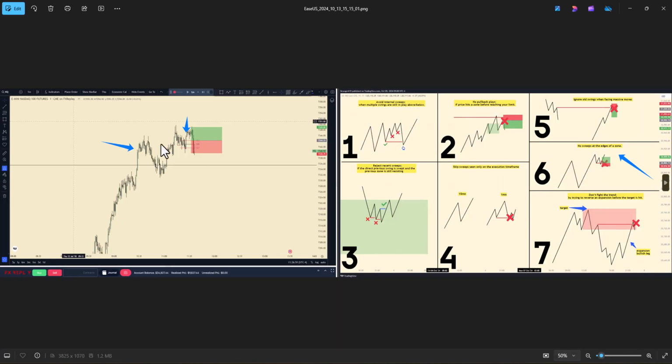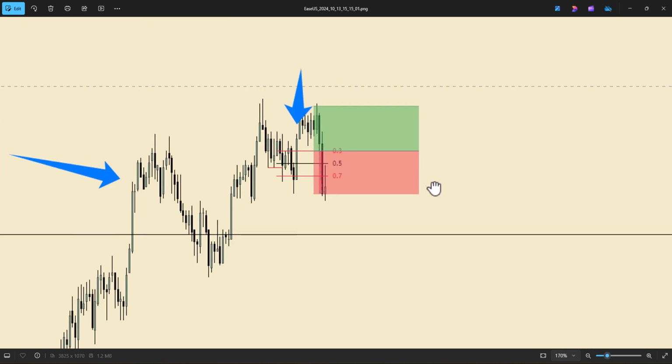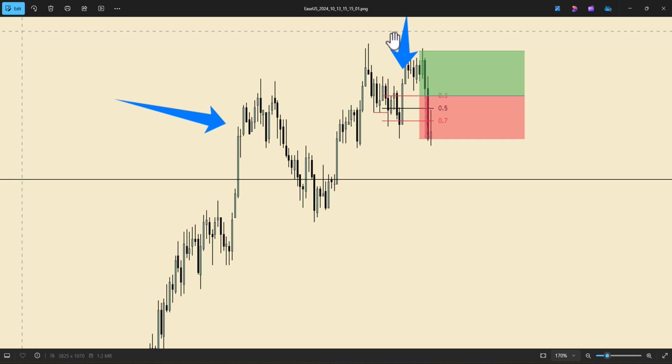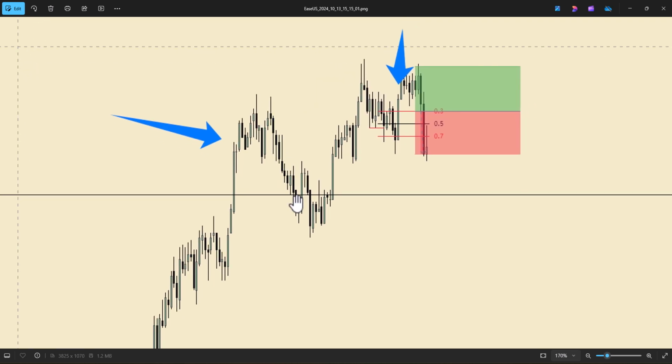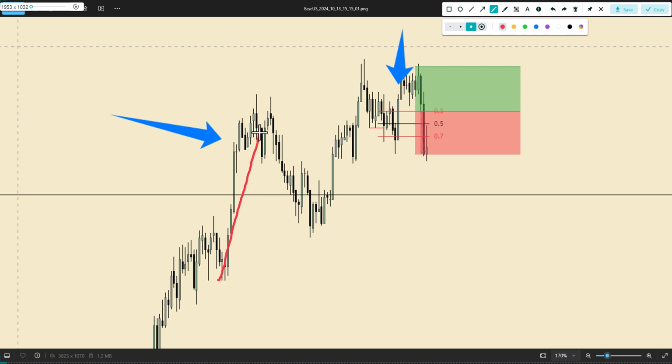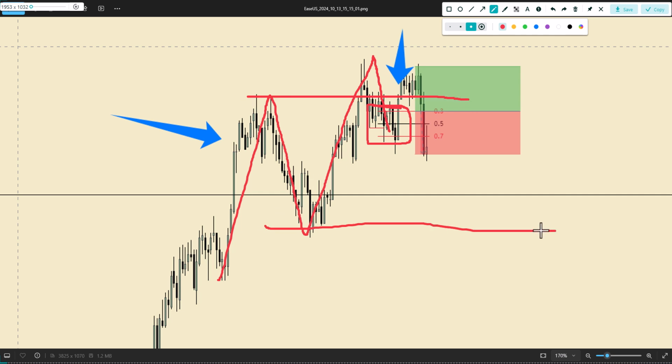And as you can see, to the left, this is an expansion, like a pullback. We have a pullback, expansion, pullback, expansion, and then we have a pullback. So don't try to buy from here. We are still at the top of this zone right here.